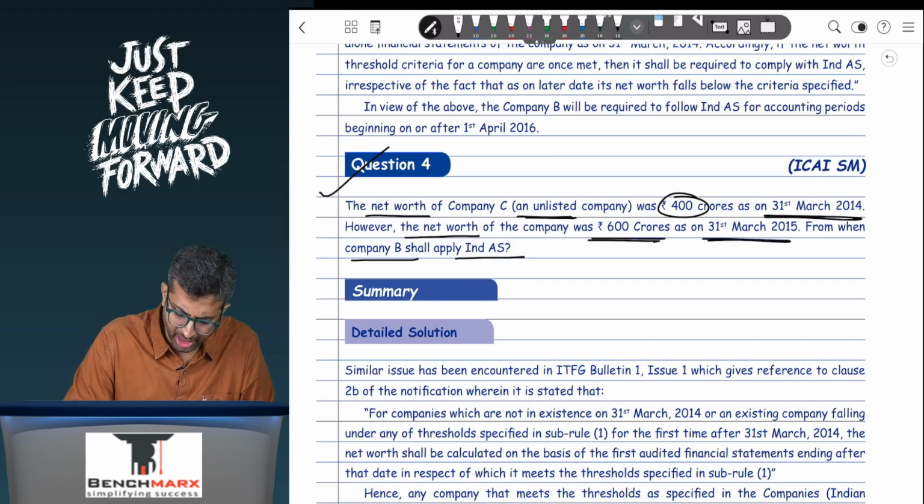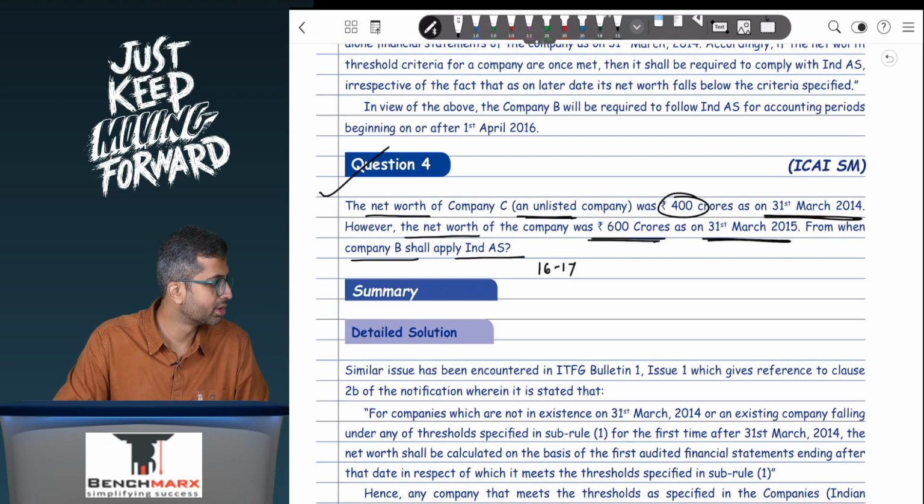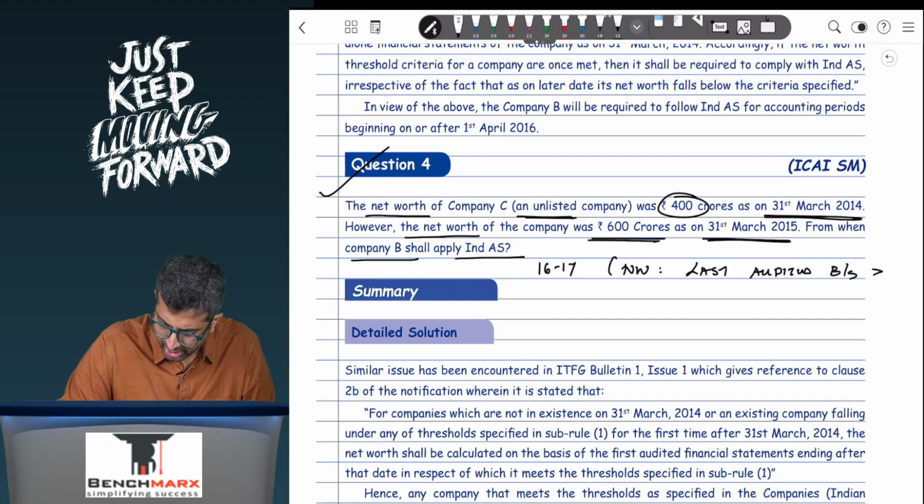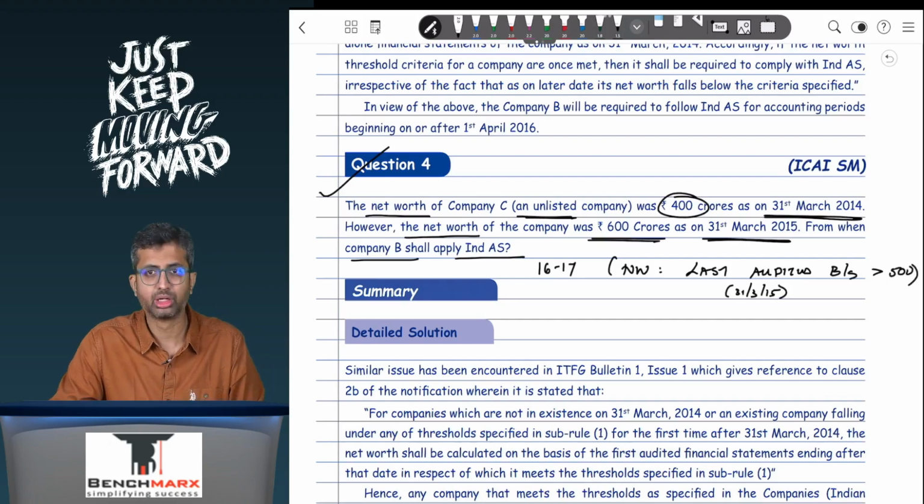Now, can I apply from 1617 onwards? Yes. I will apply from 1617 onwards because the net worth as per the last audited balance sheet, 31st March 15, is greater than 500.